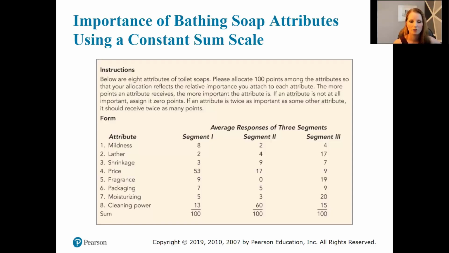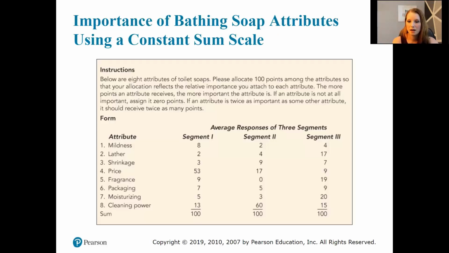And on average, the first group of people said that the most important thing was price at 53 points. So much more important than everything else. And second, coming in way down there, was cleaning power. What they found was the least important was lather in that segment 1. Now you see different groups of people may answer differently, but in that segment 1, that's what we found.